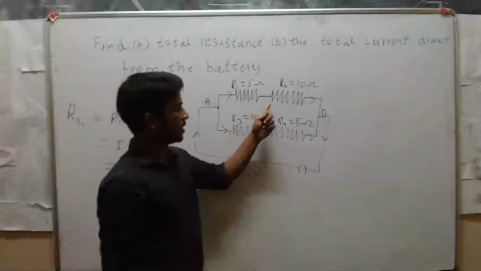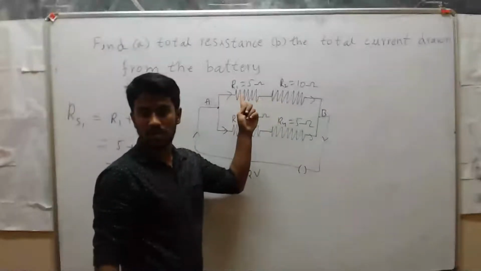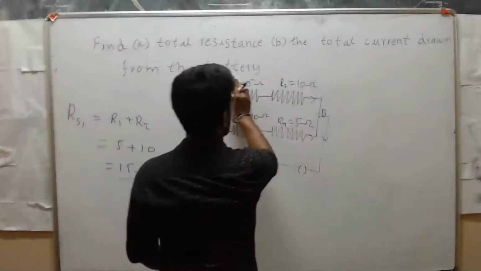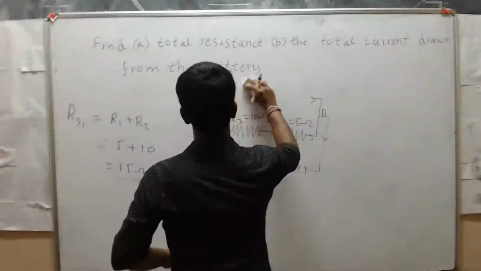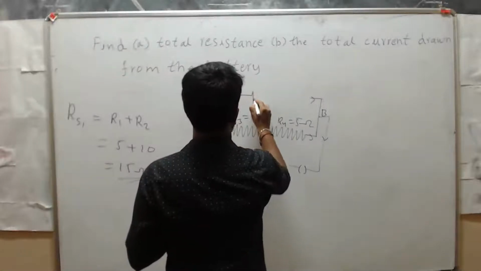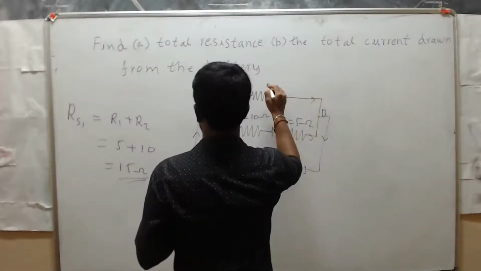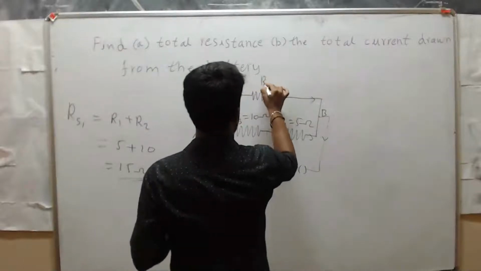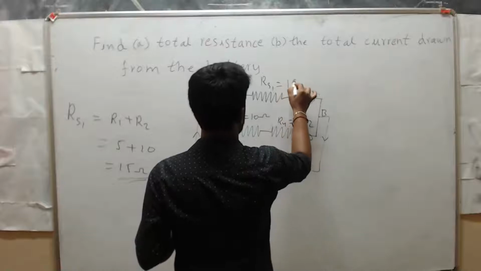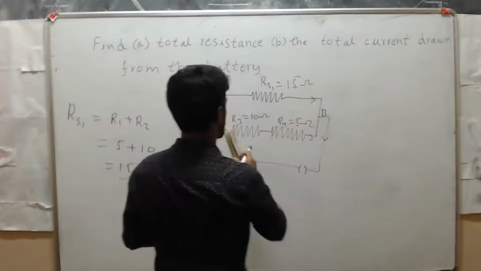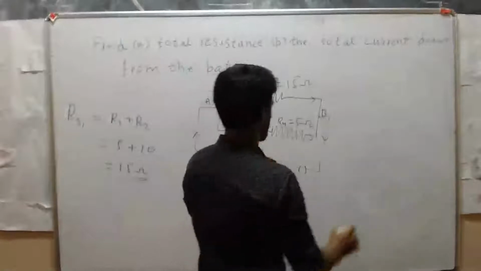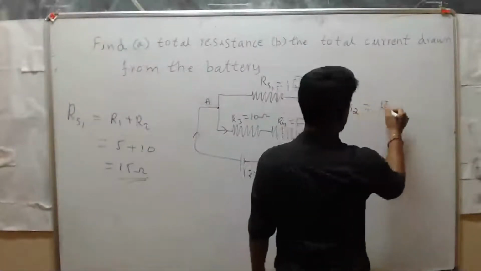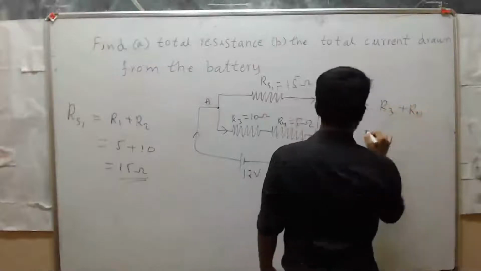Now you can redraw this combination like this. RS1 is equal to 15 ohm. Now solve these two. I will take this combination as RS2, that is R3 plus R4.